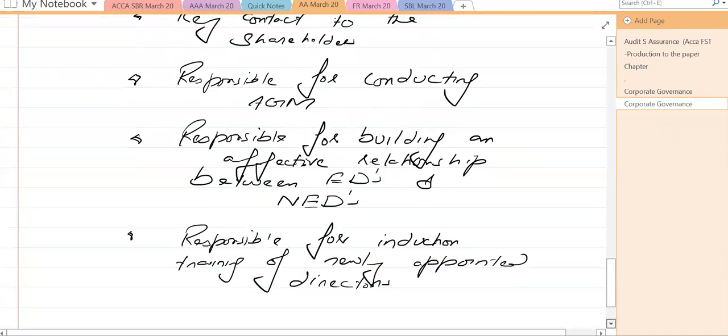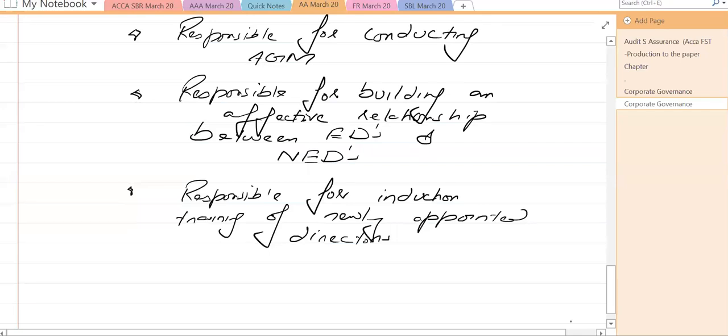If someone is new to the company, the chairman should give them the induction training, telling them about the company's culture, values, ethics, norms, policies, major customers, major suppliers, major contracts, mission, vision, etc.